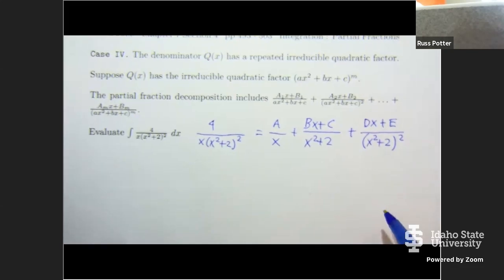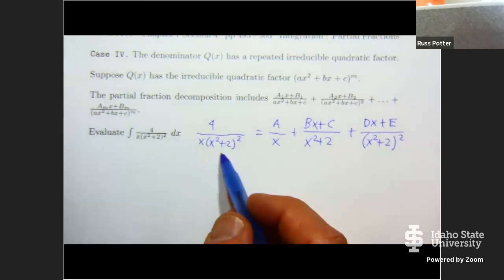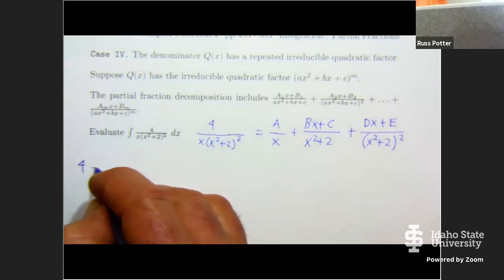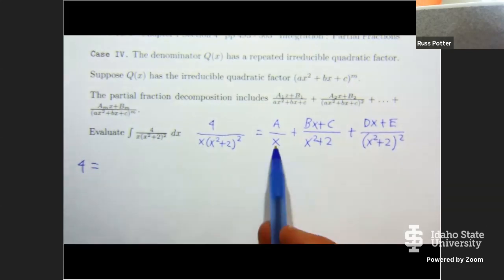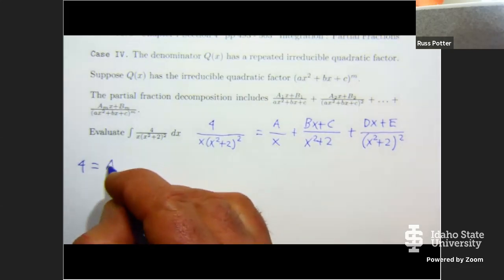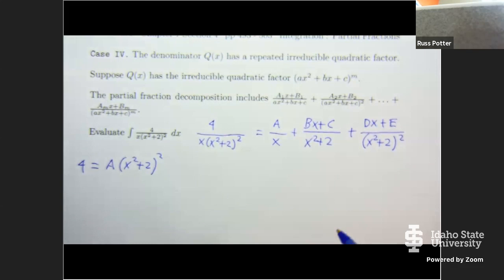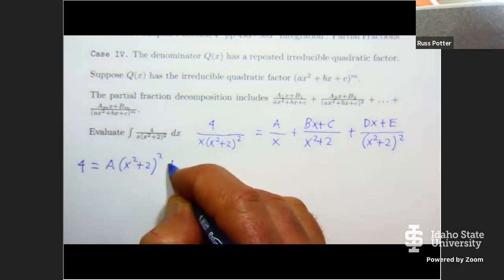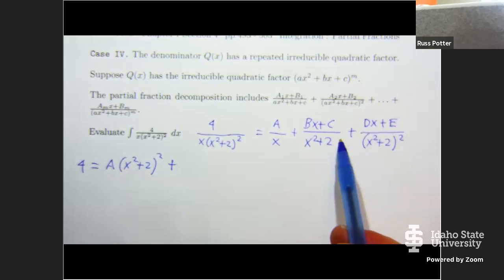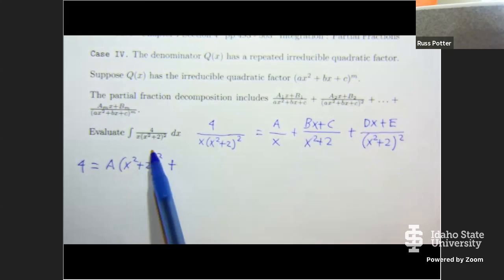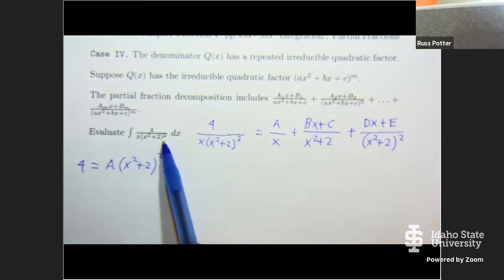So when we multiply every term on both sides by the denominator, x times x squared plus 2 squared, on the left-hand side, we'll get 4. This term, A over x times the denominator, the x's will cancel, so we'll get A times x squared plus 2 quantity squared. And then when we multiply Bx plus C over x squared plus 2 by the denominator, one factor of x squared plus 2 will cancel.